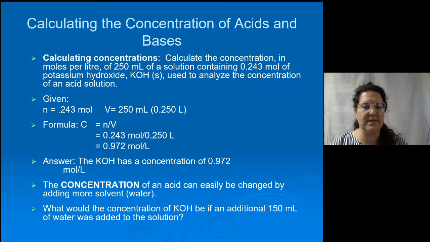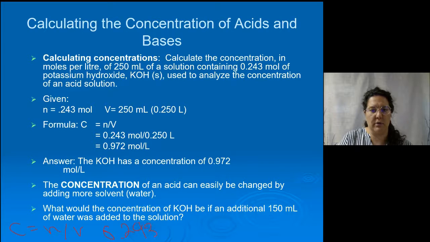Okay, so we're going to take the same formula, C equals n over V. And we're going to keep our same moles of solution. Our moles is still going to be the same at 0.243 moles, but now we're going to divide it by 0.400 liters because we've added 150 milliliters to the solution.